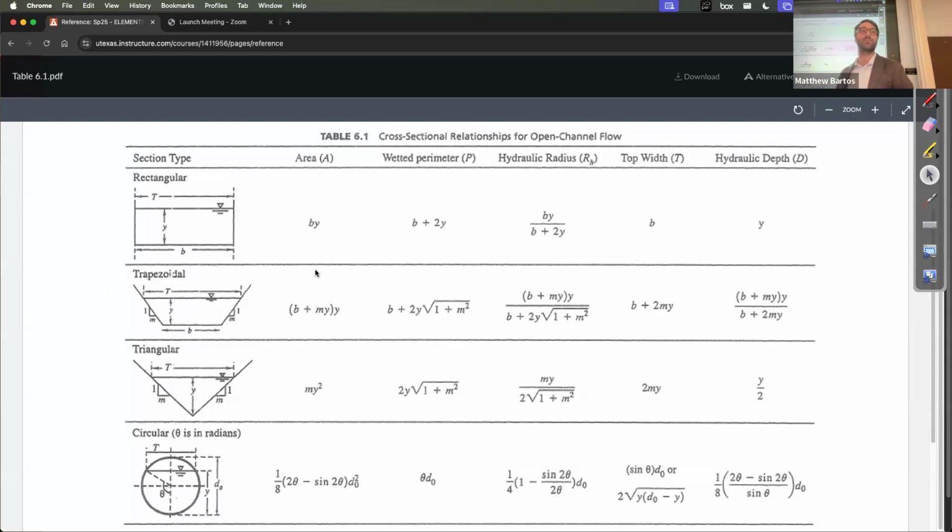Just note that it uses different notation here. So instead of using h, it's using y as the depth of the water. So just be mindful of that. Also note that hydraulic depth is not the same thing as hydraulic radius. We don't really care about hydraulic depth for this class. So just be mindful that they are not the same thing. Okay, any questions?